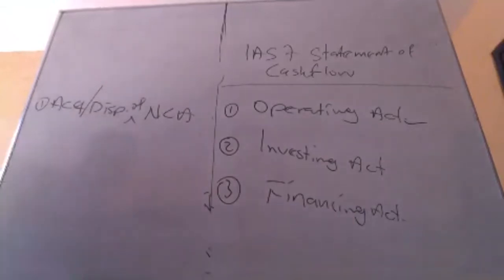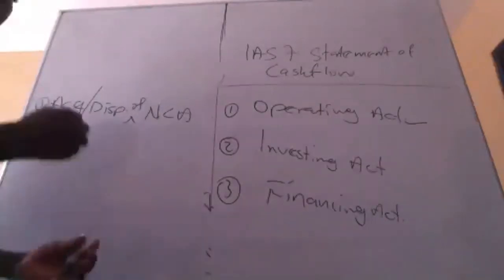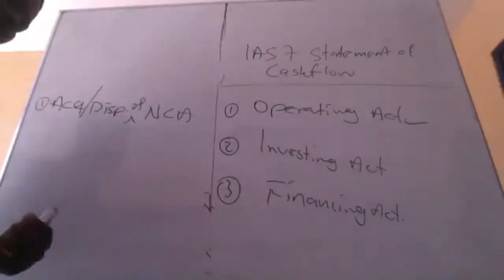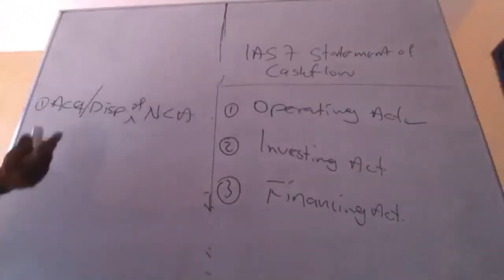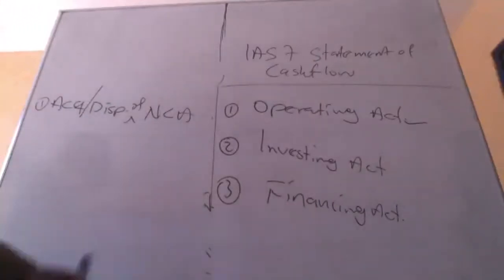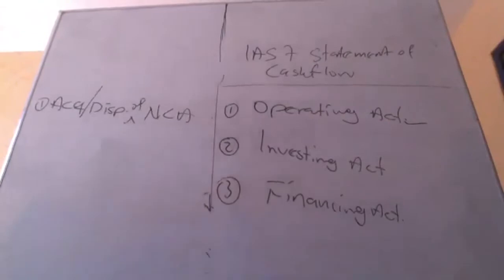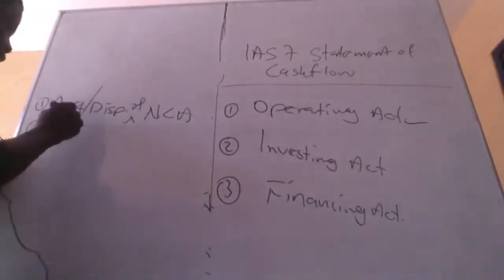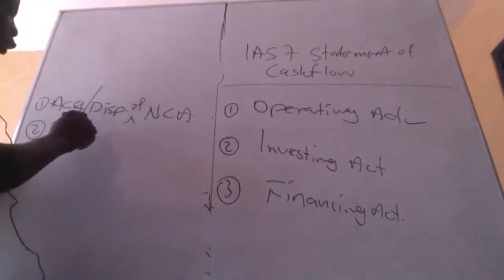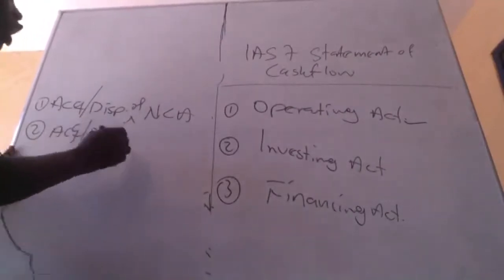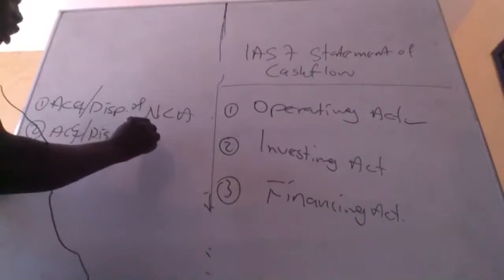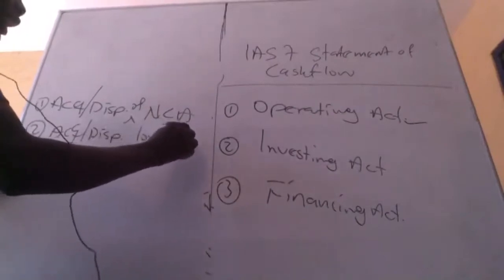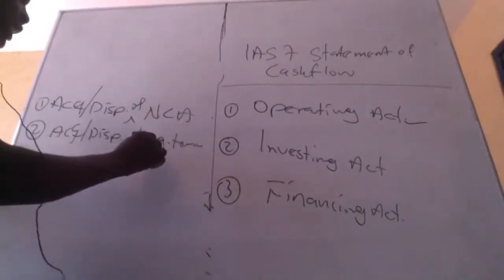It's an investing activity. Anytime you buy or sell your non-current asset, why is it investing? Because you did not register your business to be buying and selling those kinds of assets. So that is it. Two, acquisition and disposal of long-term investment, or just investment.